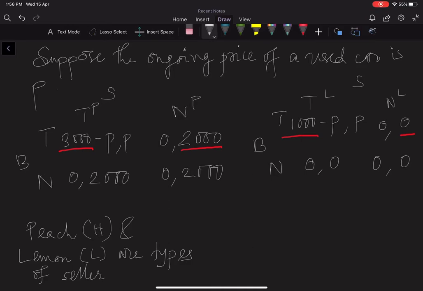Now let me write down the nature move first. So the nature decides whether the car is of high quality or low quality. I have to specify the probability distribution over the car being quality peach and the car being quality lemon. So we will model it as the nature choosing one of the two qualities with certain probabilities.